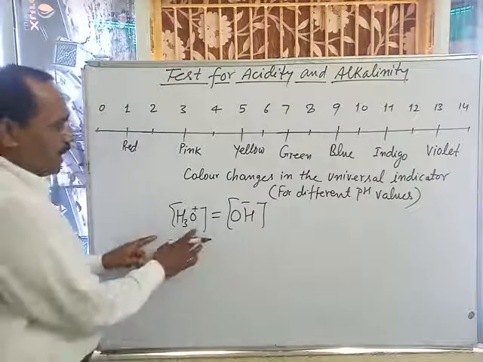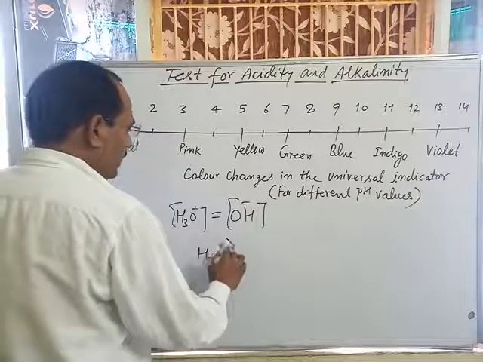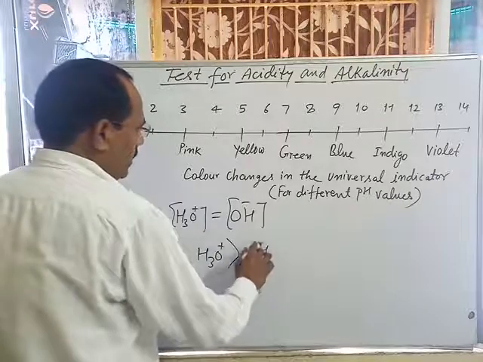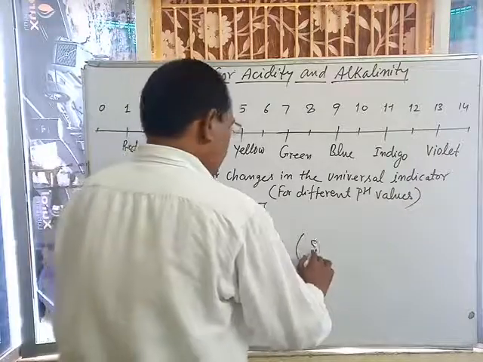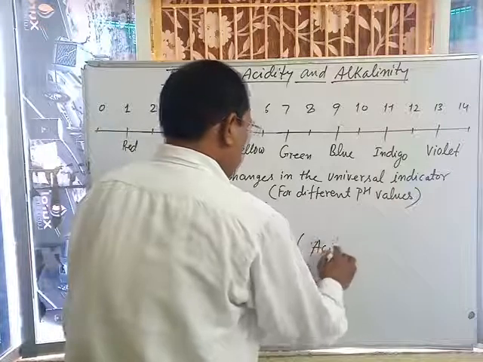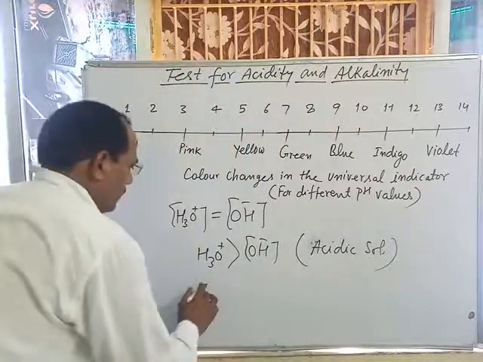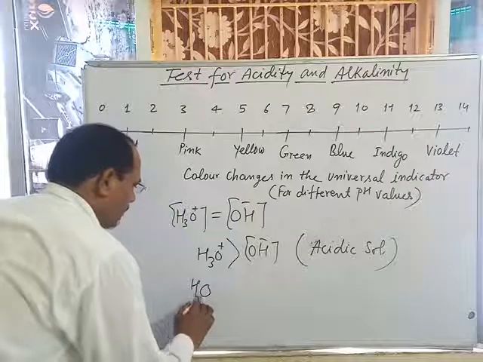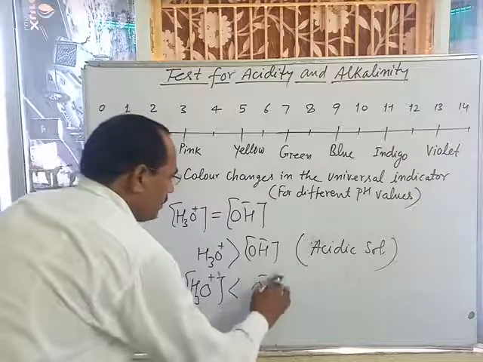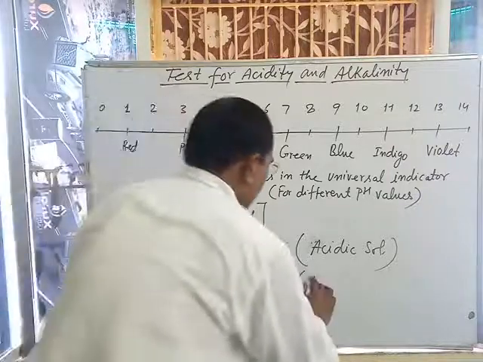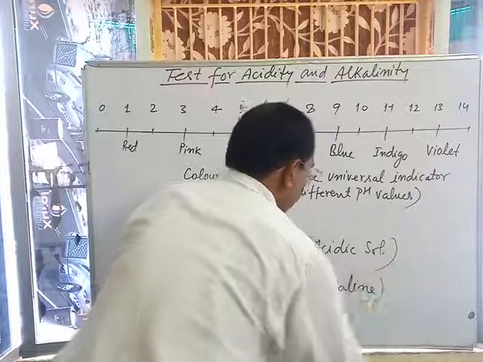As the concentration of hydronium ion increases, when the concentration of hydronium ion in any solution becomes larger than the concentration of hydroxide ion, then the solution becomes acidic. And when the concentration of hydronium ion is less than the concentration of hydroxide ion, the solution becomes alkaline or basic.